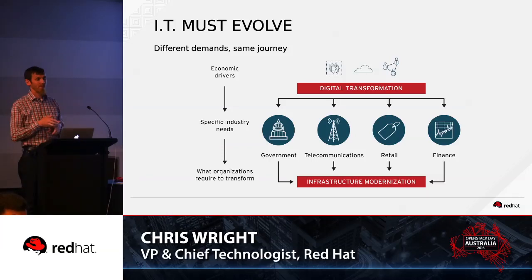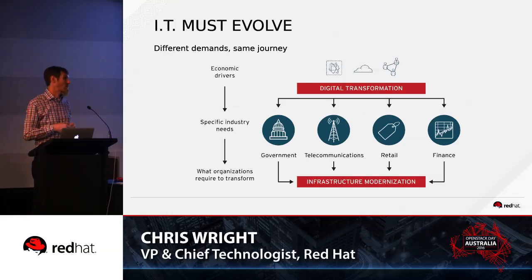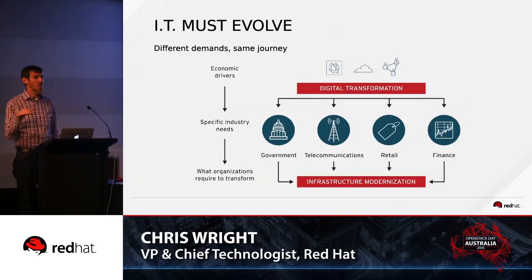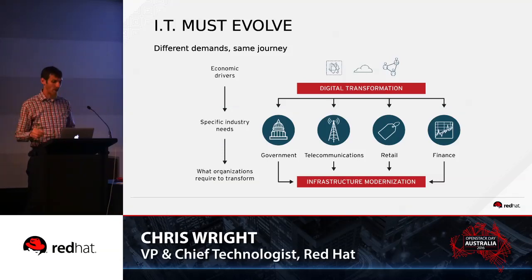It's really about looking at your infrastructure from the perspective of your specific market vertical requirements, whether that's the retail industry, logistics, public sector, finance, telecommunications. All of these different industry sectors have specific requirements, and they're trying to realize the economic advantages of changing their infrastructure so that they can adapt quickly to the moving business reality around them.